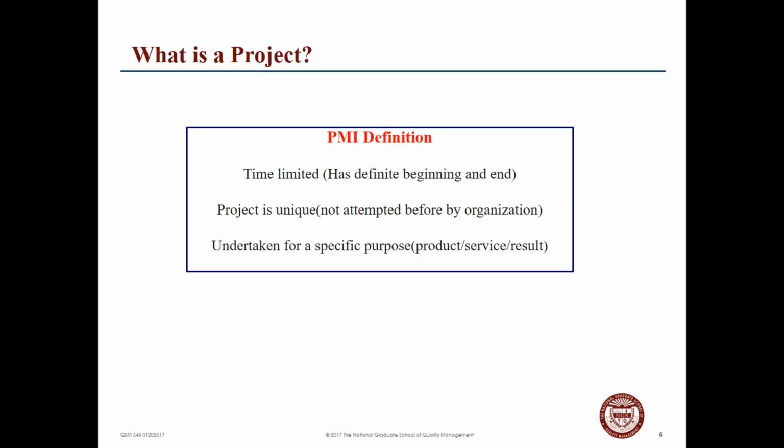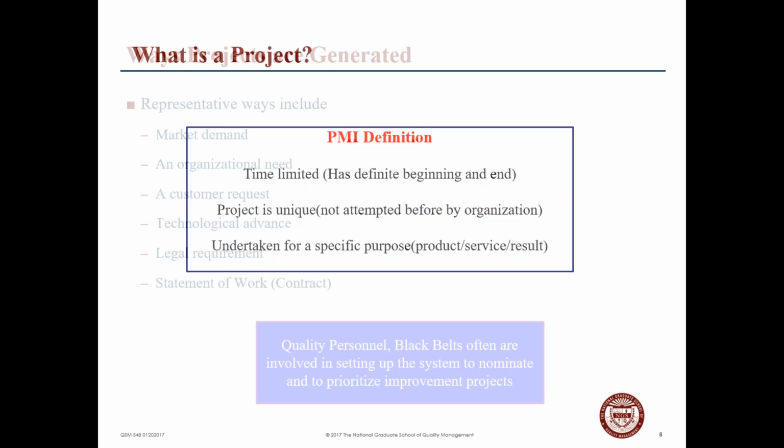It has a specific purpose, whether it's a product outcome, a service, an end result. So it has a specific beginning and an end. Projects don't continue in infinitum. They have specificity, and they are unique.